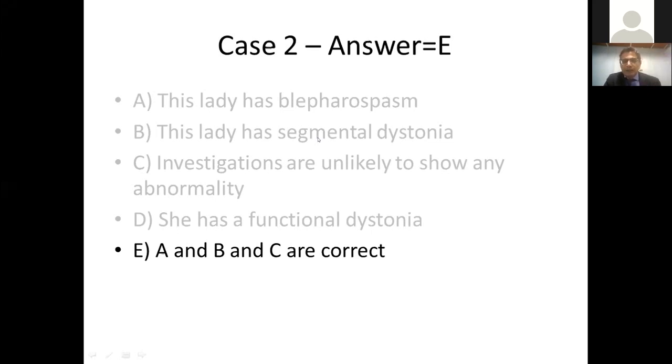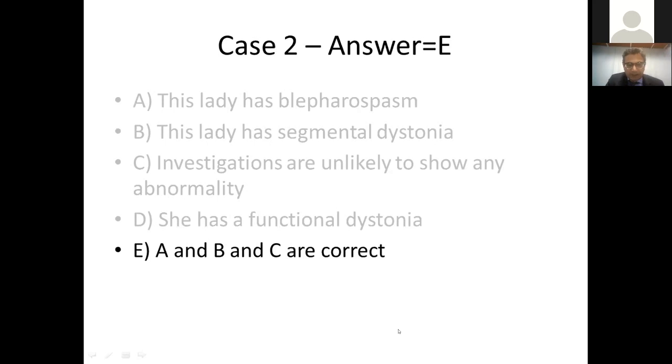So she has very classic primary segmental dystonia, and investigations here are unlikely to show any abnormality. This is not functional dystonia. So even though she has blepharospasm, a lot of times this condition was thought to be functional in the past. This is an organic dystonia. So the answer is A, B, and C are correct.